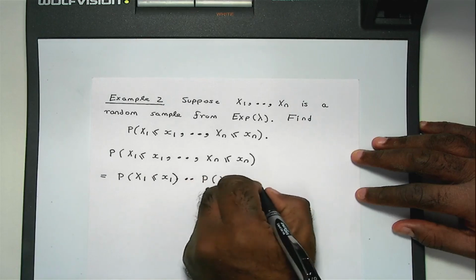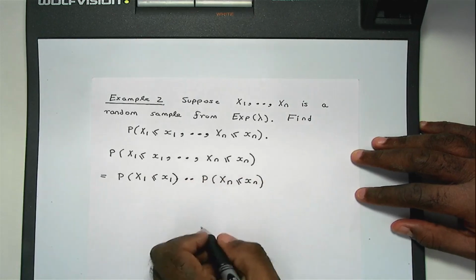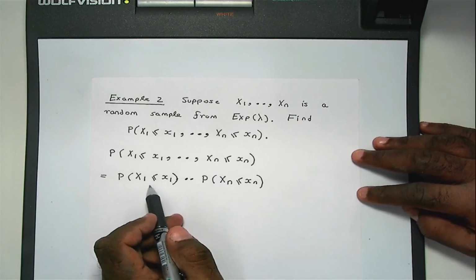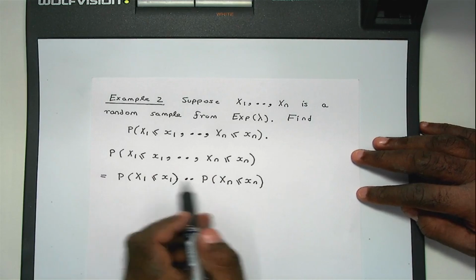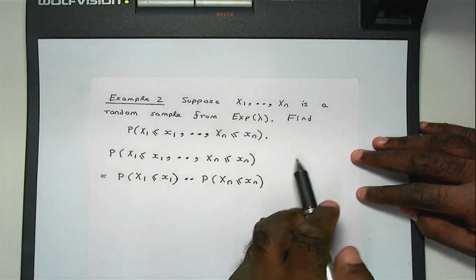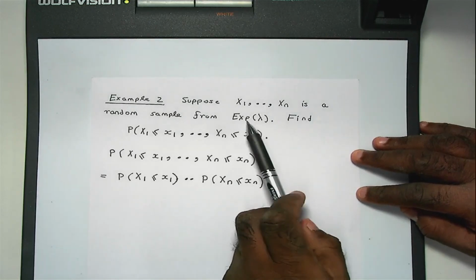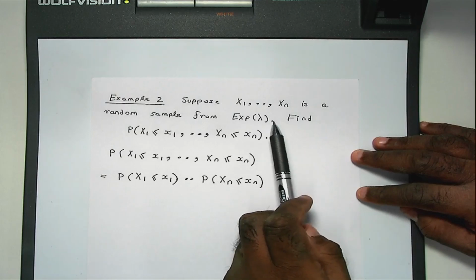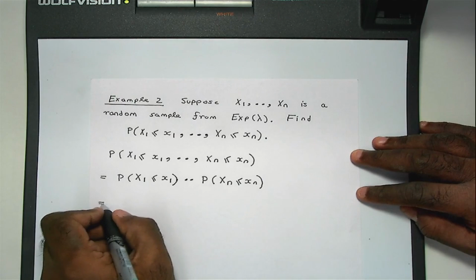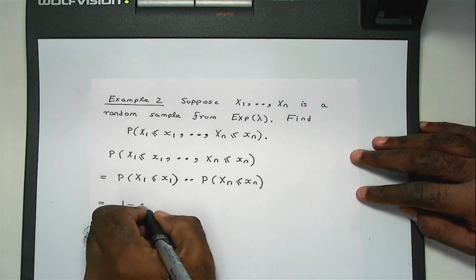Now this is the CDF of x1 at little x1, and this is the CDF of xn at little xn. I don't know whether you know that for the exponential distribution there is a closed form formula for the CDF, which is given by this.